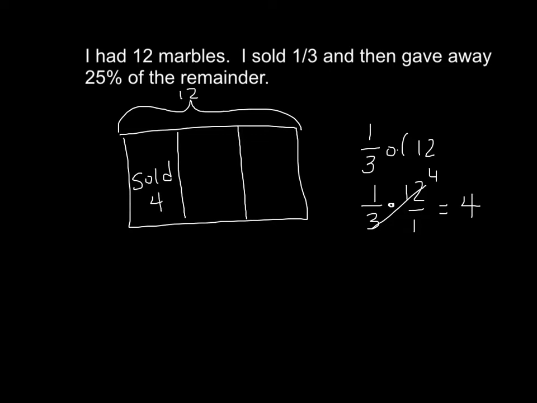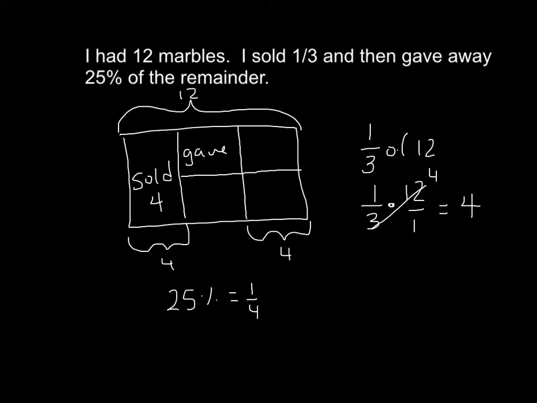And then it says we gave away 25% of the remainder. Well, 25% is a fourth, so I'm going to cut the remainder into fourths, and a fourth of it is what we gave away. Well, if 1/3 of it is 4, then this bar over here is 4, but it's still cut into 2 pieces, so it means 2 and 2.